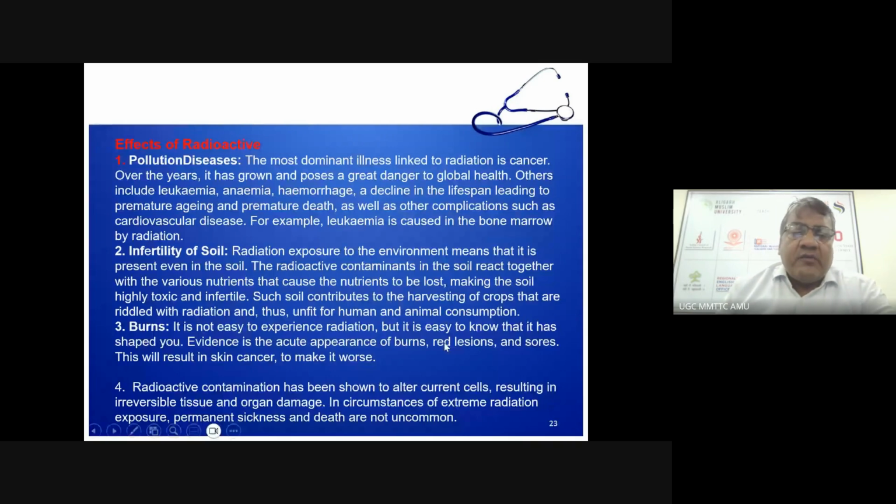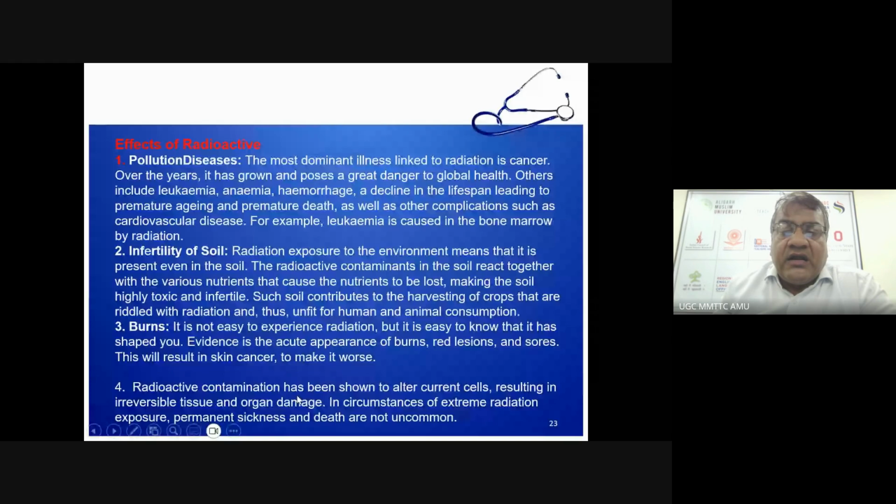Now, radioactive contamination has been shown to alter cells, resulting in irreversible tissue and organ damage. In circumstances of extreme radiation exposure, permanent sickness and death are not uncommon.